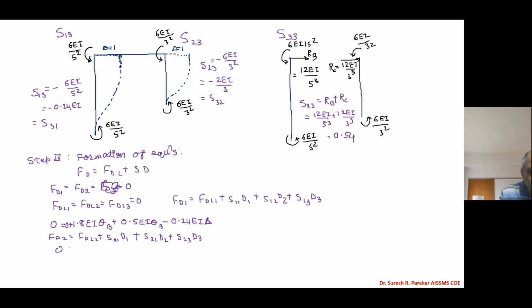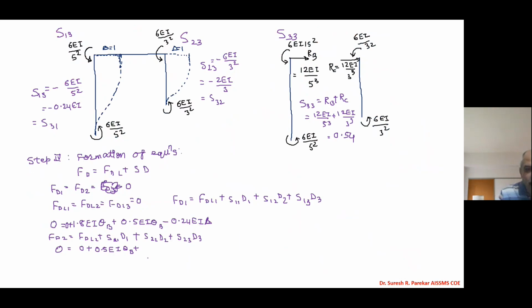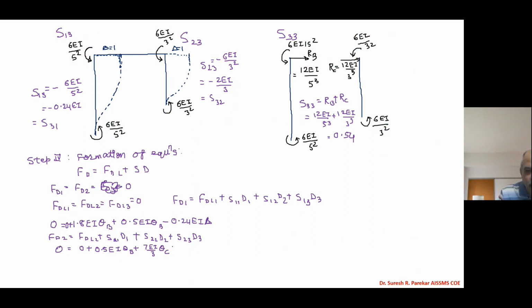Then we have 0 equal to 0 plus S21, which is 0.5 EI theta B, S22 which is 7 EI by 3 theta C, and S23, which is the same as S32, minus 2 EI upon 3 delta.